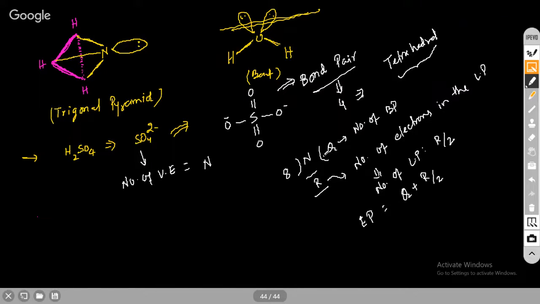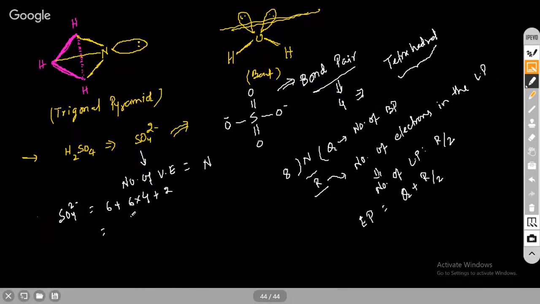Now if I apply this rule for SO4 2 minus: sulfur has 6 valence electrons, oxygen has 6 valence electrons, 6 into 4, plus 2 for the negative charge. So it is 32. Now this 32 is divided by 8, so it gives quotient 4 and remainder 0.